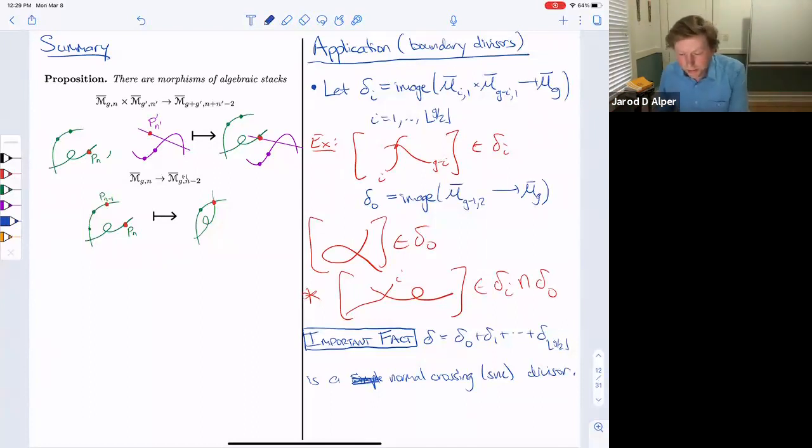Any other questions? Okay, the last map we want to discuss is the map where you forget a point.